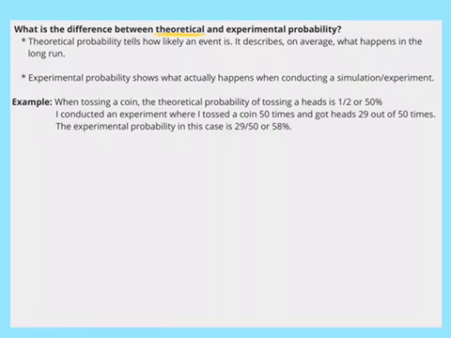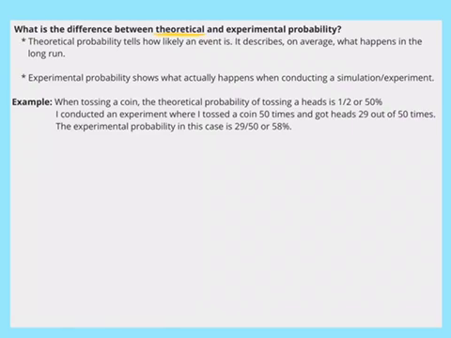So the theoretical probability tells us how likely an event is. It describes on average what happens in the long run. So in theory, if we were to test this out hundreds and hundreds of times, this is what we would expect to happen. Experimental probability shows us exactly what happens when we're conducting a simulation or experiment.